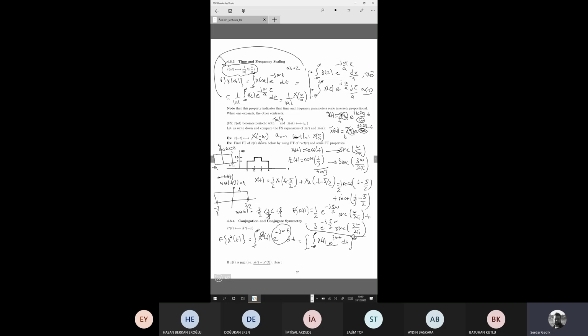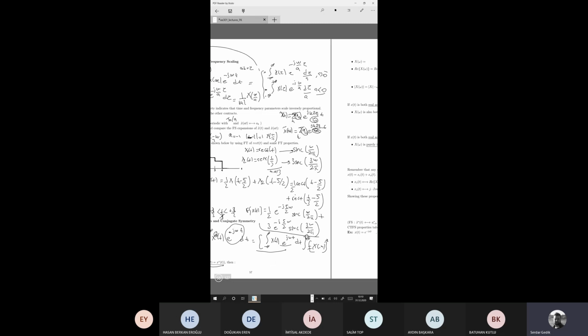Well, if you compare this one and the ordinary Fourier transform, what is it? They are the same, except that there is a minus sign here. So it is X of minus omega with a conjugate at the outside. Well, this is simple. If x of t is real, it means that it and its conjugate are equal.